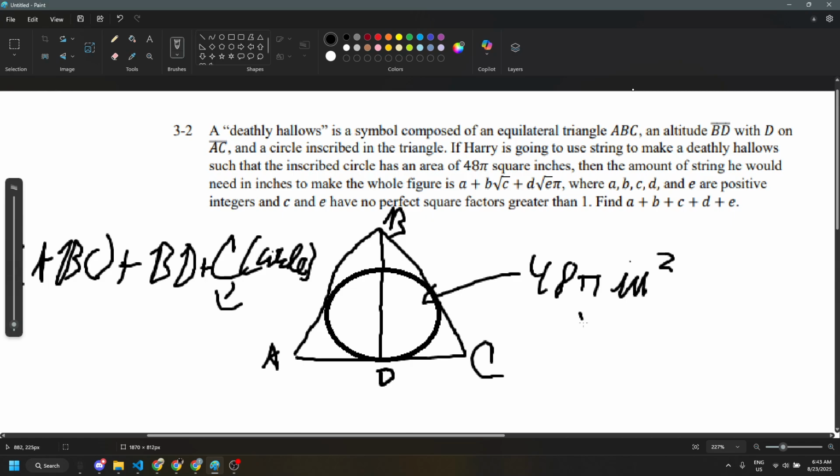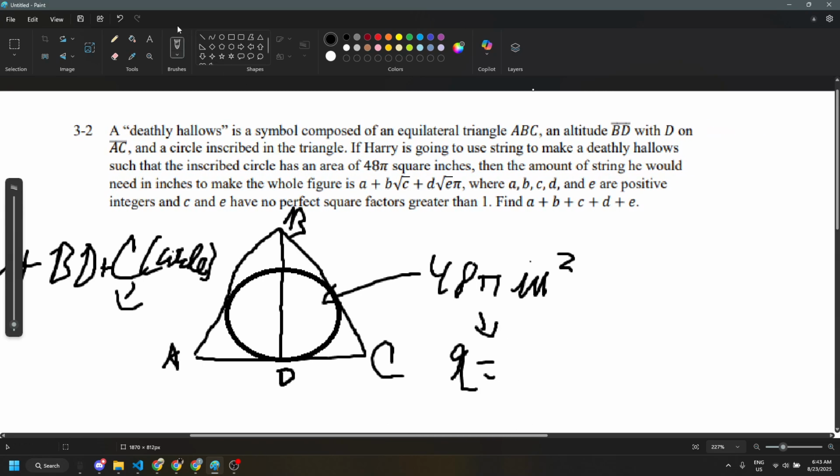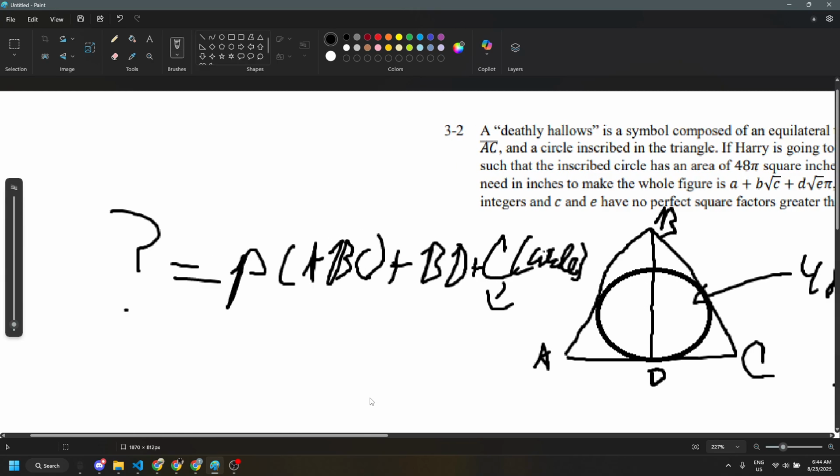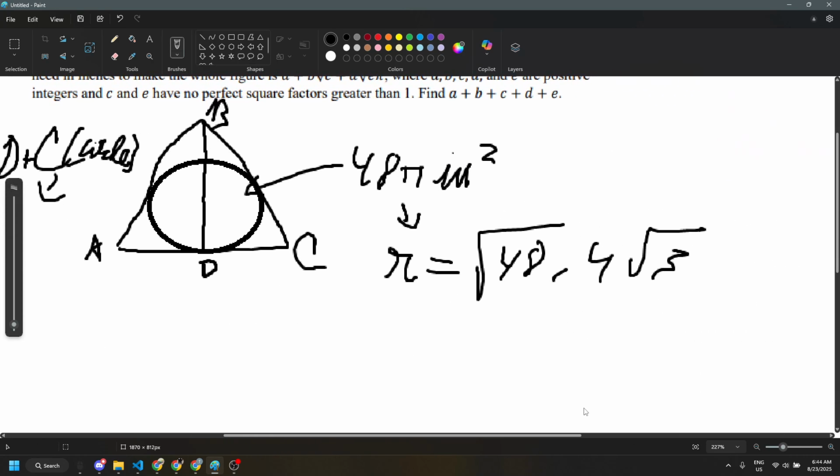So you know its radius is equal to, if the area is 48 pi, area normally is just pi r squared. So r is equal to the square root of 48, or I think it's 16 times 3, so 4 root 3. Yeah.